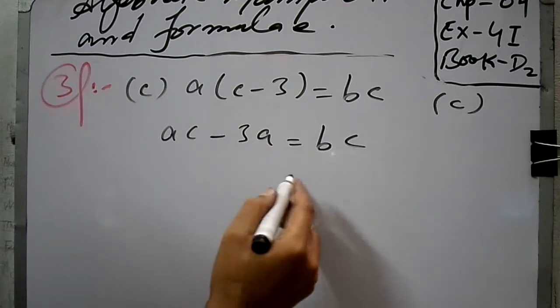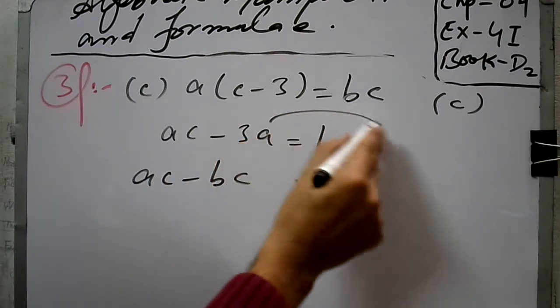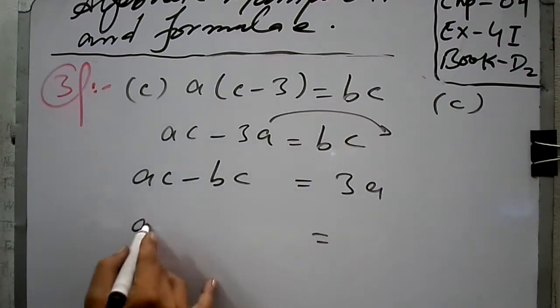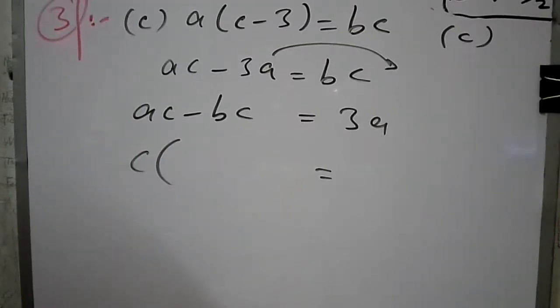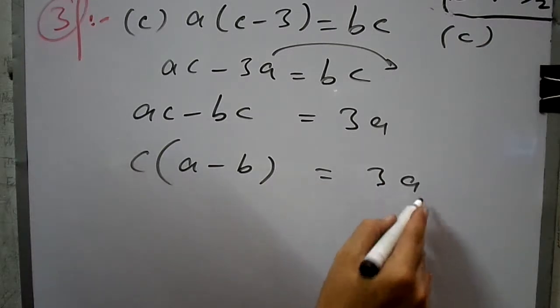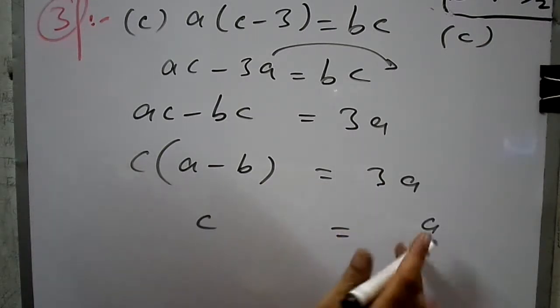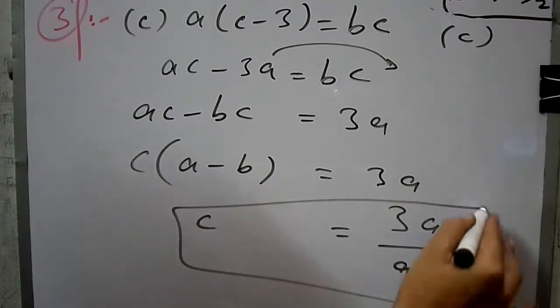Now the C terms will come to one side, so AC minus BC, and this 3A will be shifted here, so it will be positive. Take C as common, so you will get C into A minus B equals 3A, and the value of C is 3A divided by A minus B, because you have made C the subject.